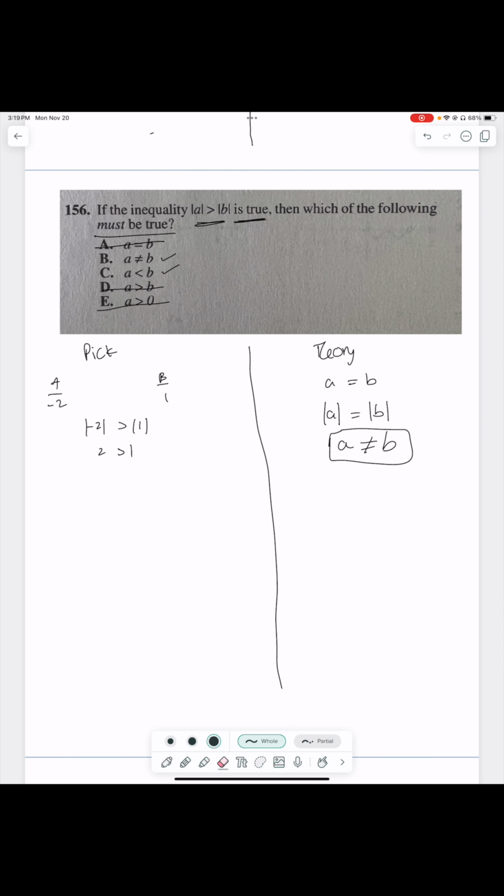So let's see if we can pick one where B is greater than A. Well, if we make A equal 2 and B equal 1, the absolute value of 2 is greater than the absolute value of 1, 2 is greater than 1, and A, in this case, was greater than B, which means that A less than B is not always true. So we are left with A does not equal B. It is always true. And that is how you solve question 156, either through theory or picking numbers.